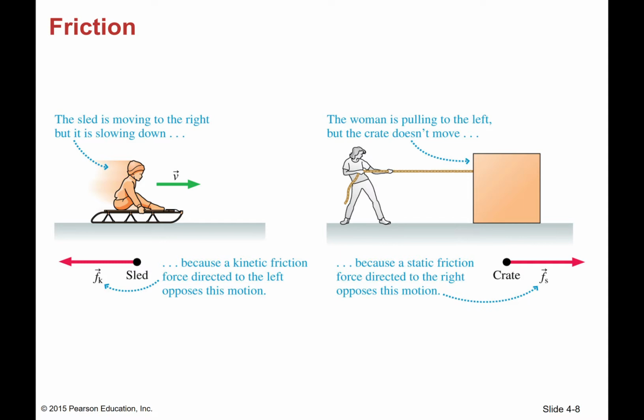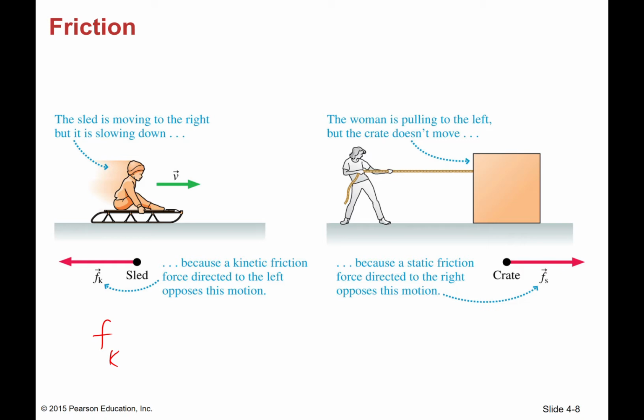Here we have examples of kinetic friction. This boy is moving, so he has a velocity, and there is a friction slowing him down. That friction is an example of kinetic friction. Typically we denote that by Fk, which is just a convention.